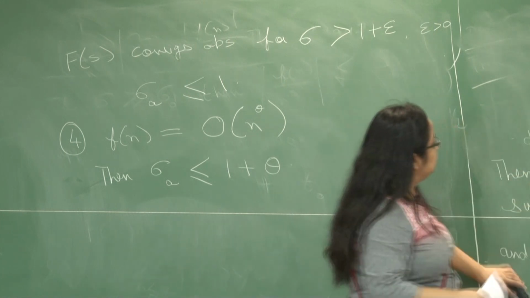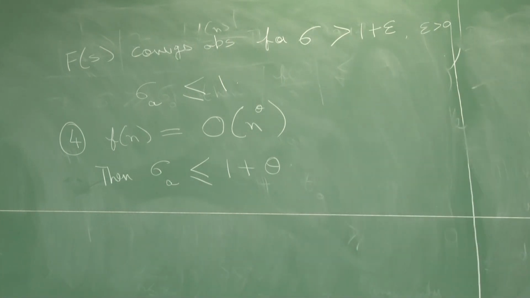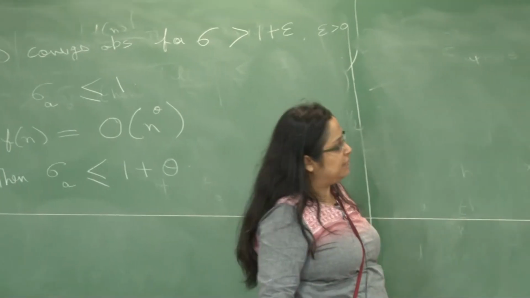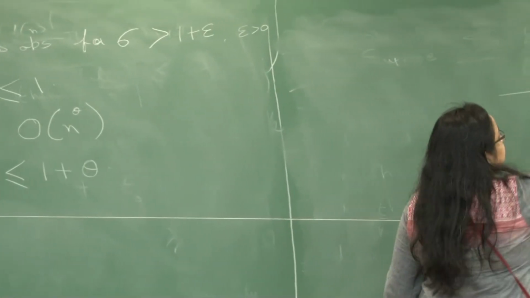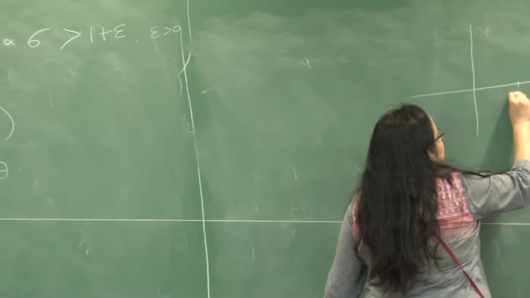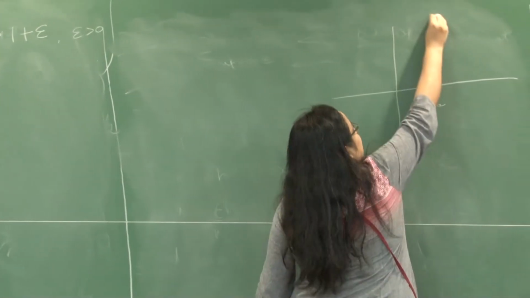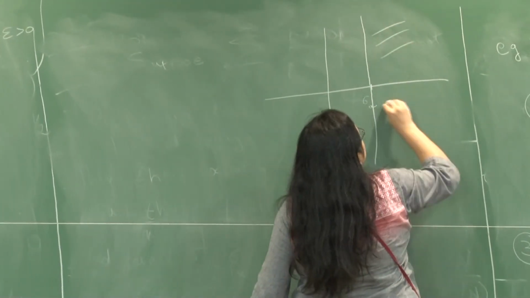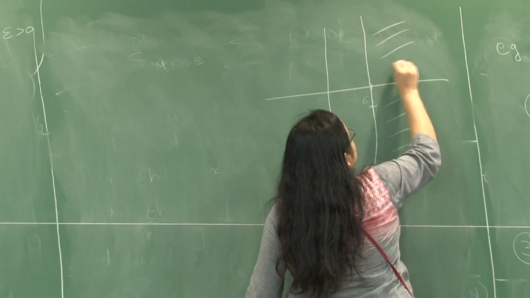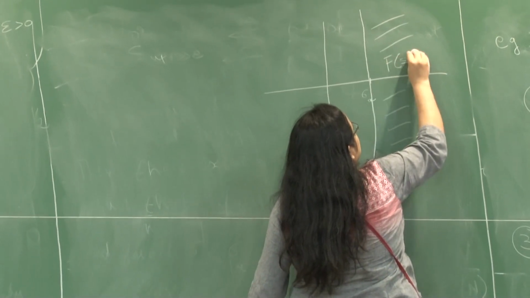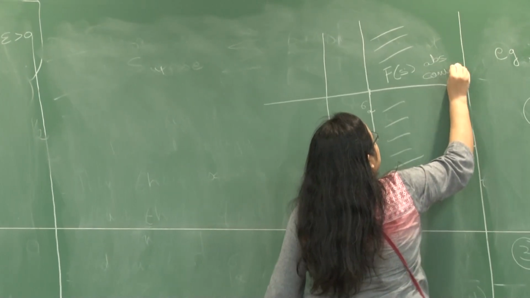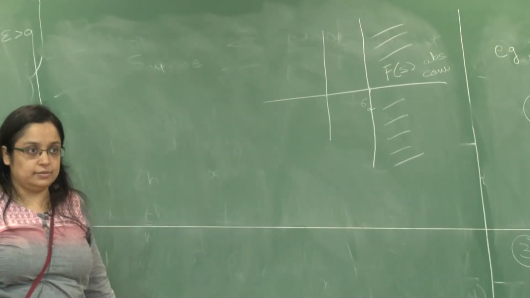Basically, what this theorem was saying was, suppose you have, let's say this is your complex plane. The x-axis denotes the real part, the y-axis denotes the imaginary part, and what this is saying is that you can always find some sigma a such that to the right of this your f of s converges absolutely, and to the left it does not.